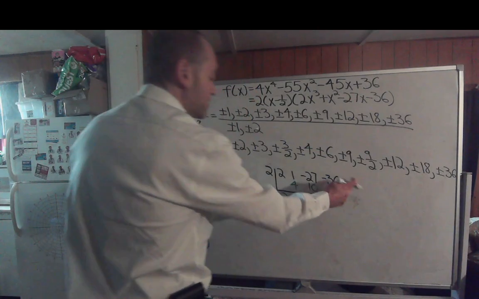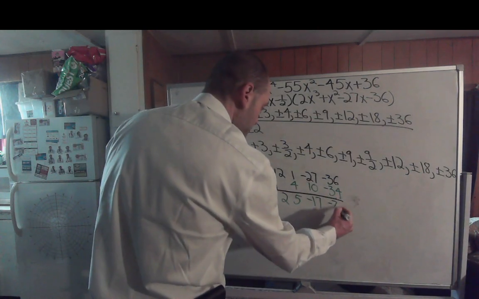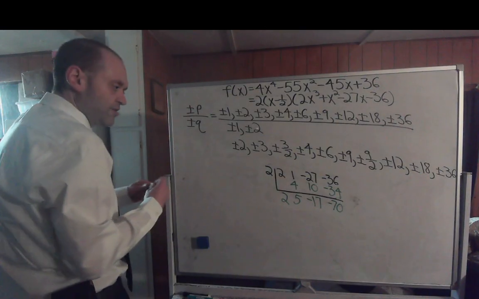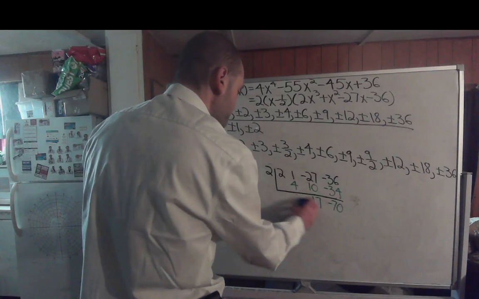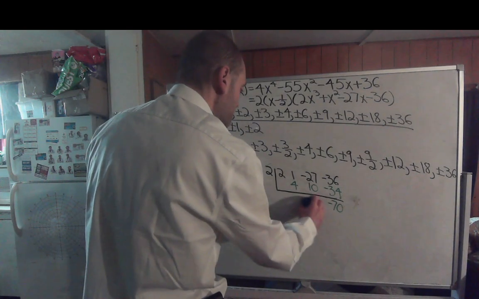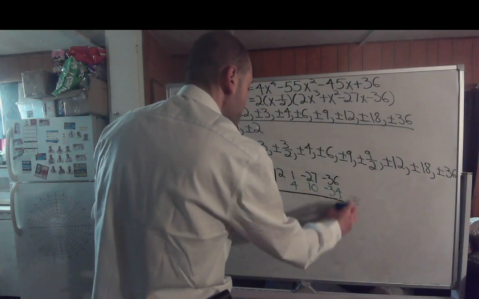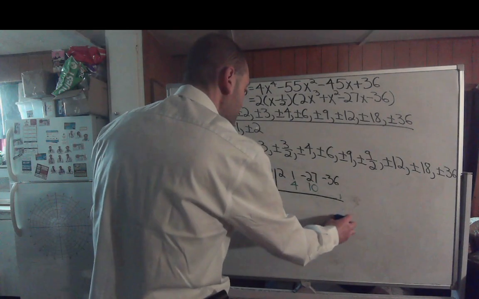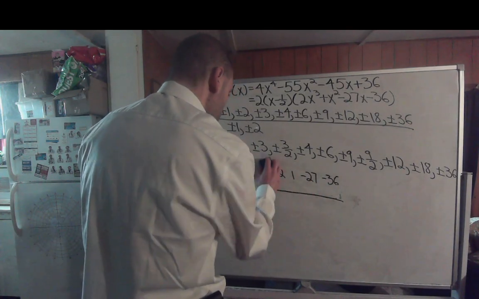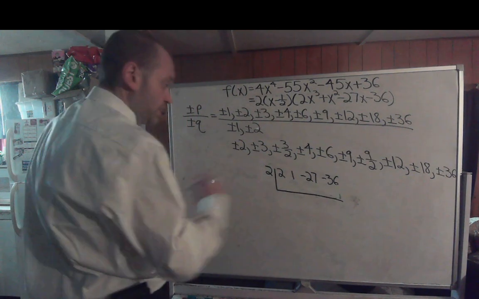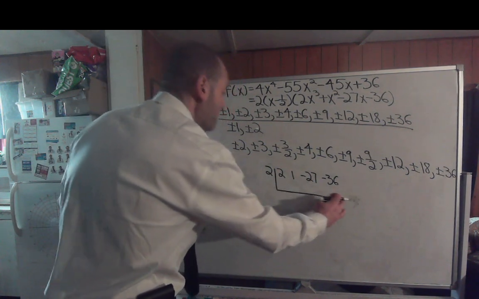Negative 36 plus negative 34 ends up being negative 70. You have a remainder of negative 70. That definitely doesn't work.